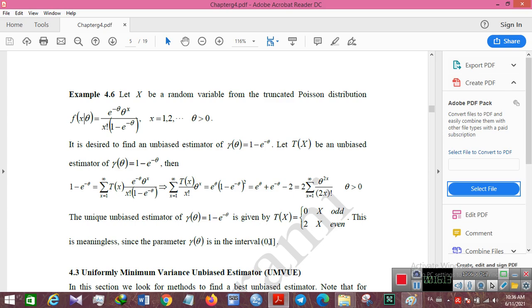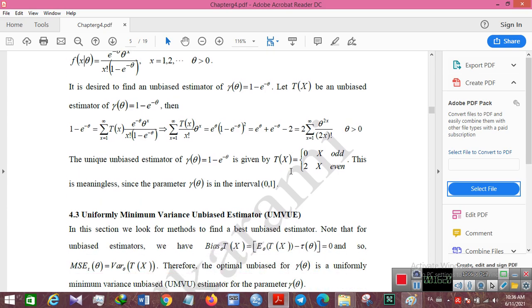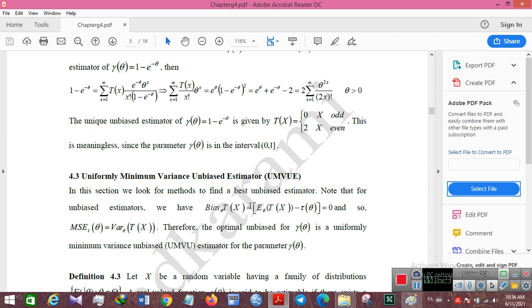We can find an unbiased estimator which does not belong to the interval which defines gamma(theta). So in this example we see the unbiased estimator is a good estimator for many distributions, and for many types of functions we can find one, but sometimes it is meaningless, and sometimes there isn't any unbiased estimator.